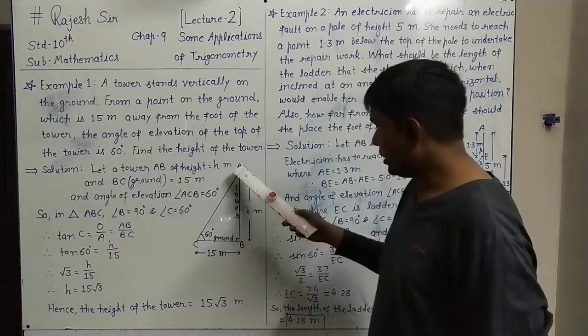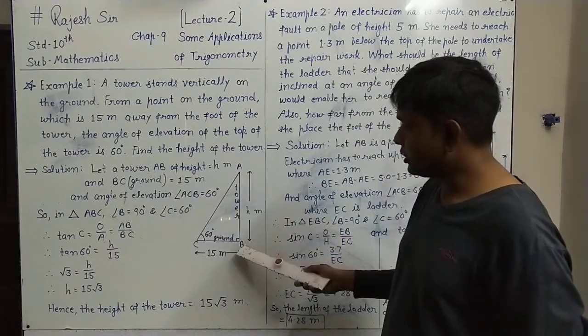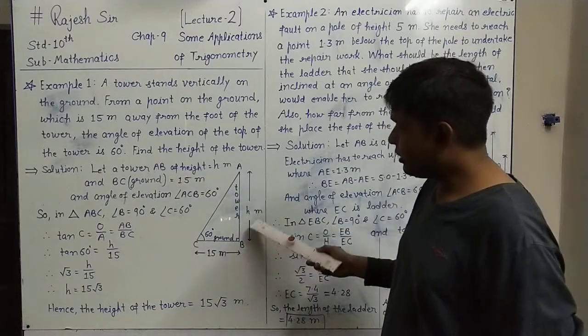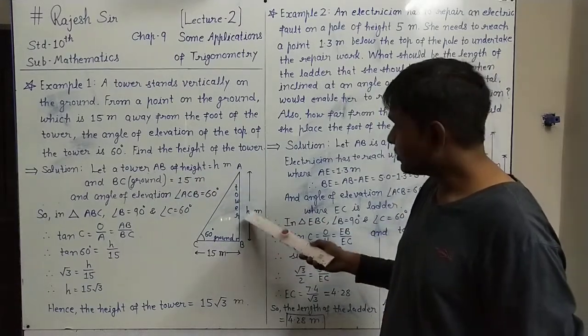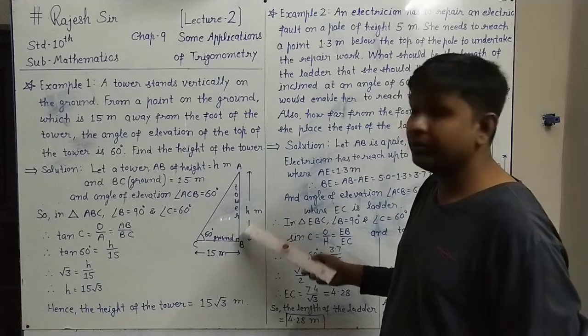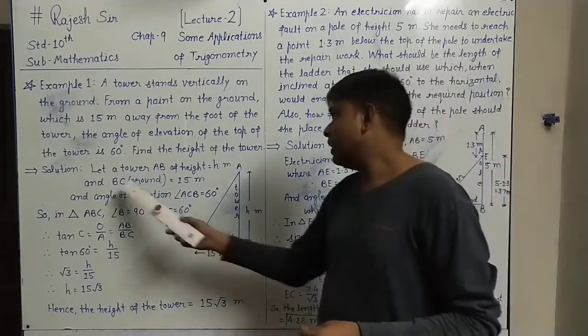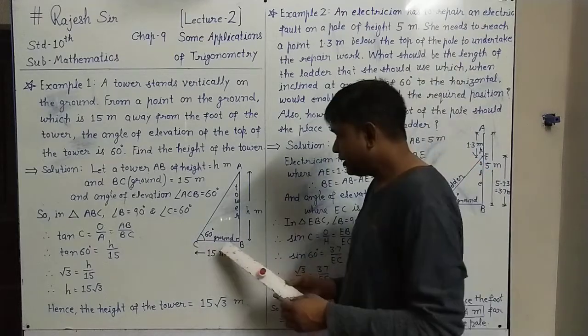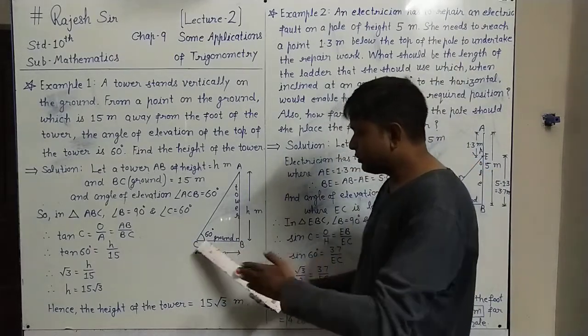Consider a tower AB that stands vertically on the ground. We have assumed its height is h meters, which we want to find out here. BC is the ground, and point C, from the foot of the tower, is 15 meters away.